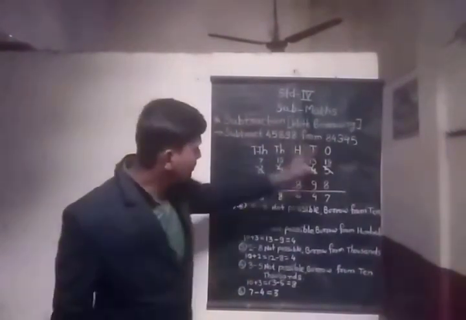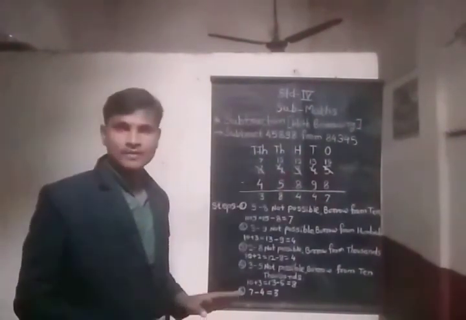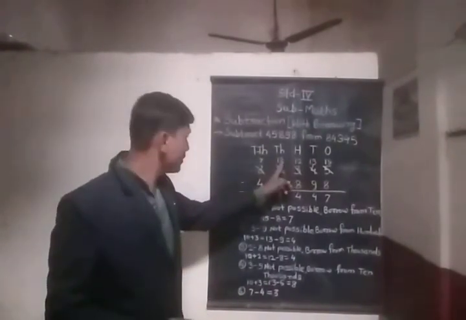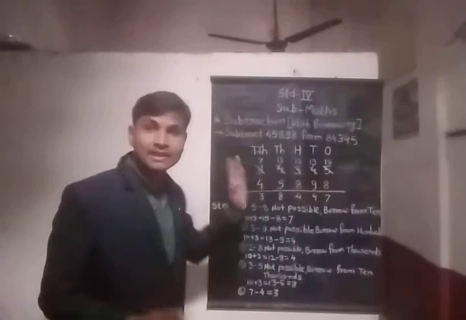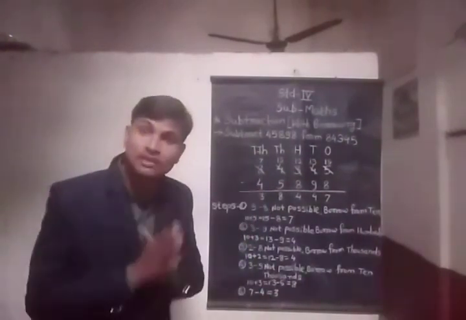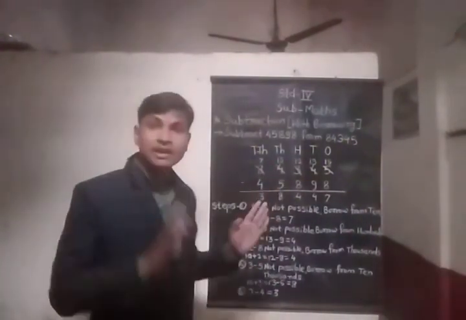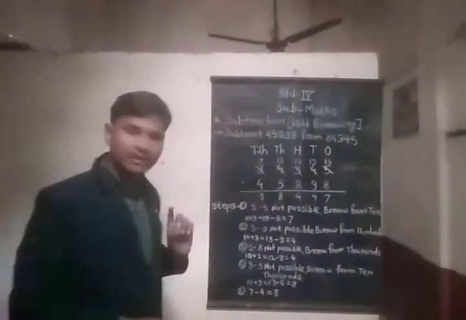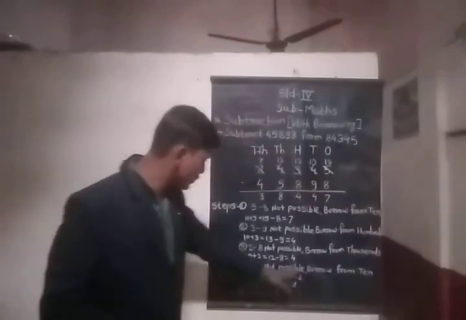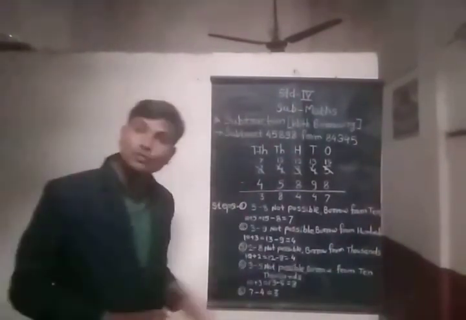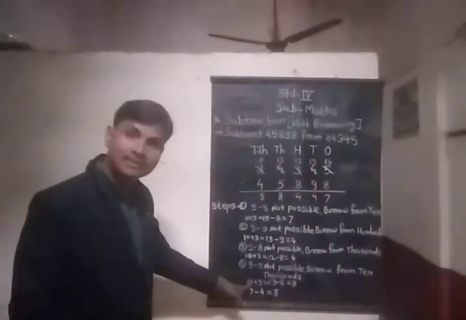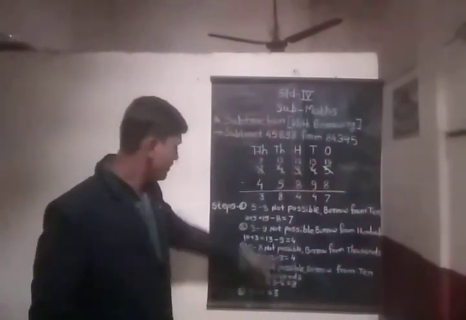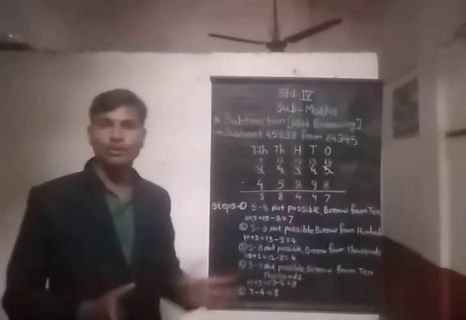So we give 1 ten-thousand to the thousands place. 10,000 plus 3,000 is 13,000. 13 minus 5 is equal to 8. So 13,000 minus 5,000 is equal to 8,000.